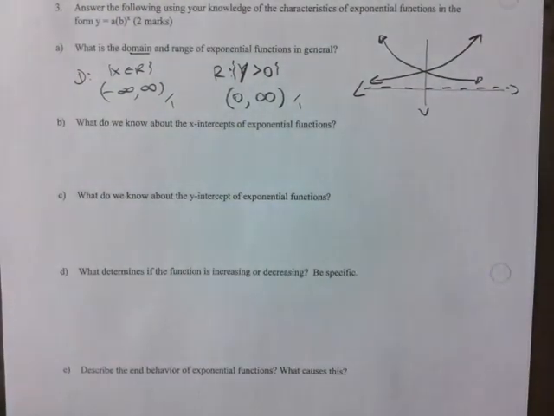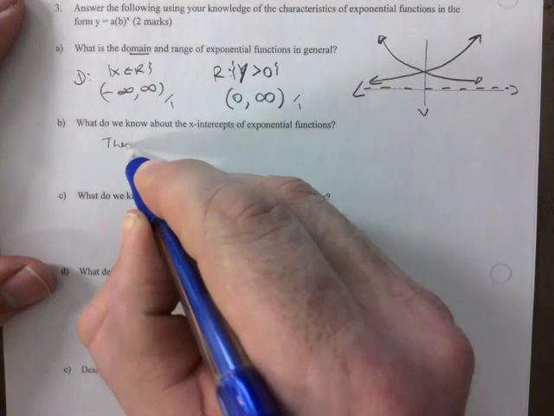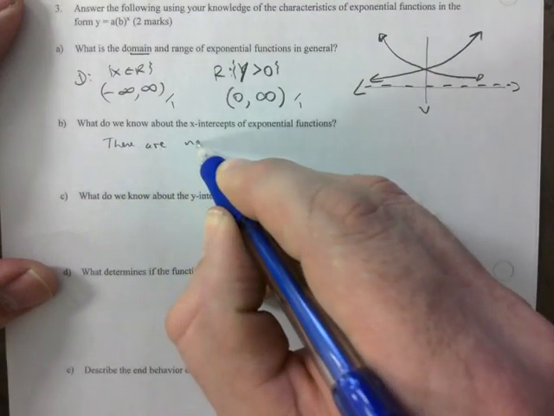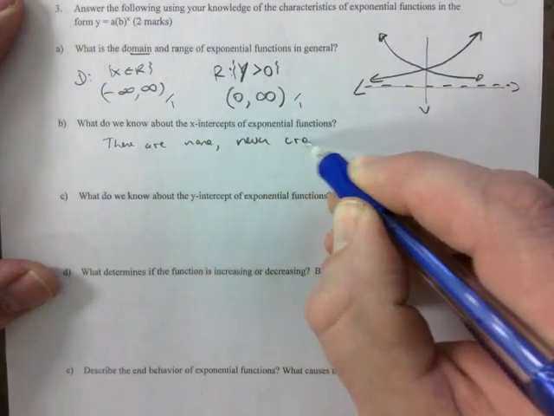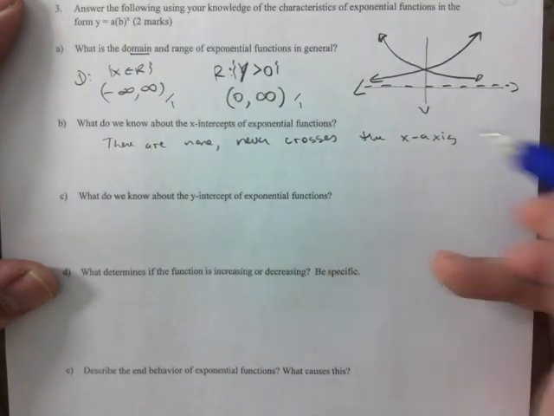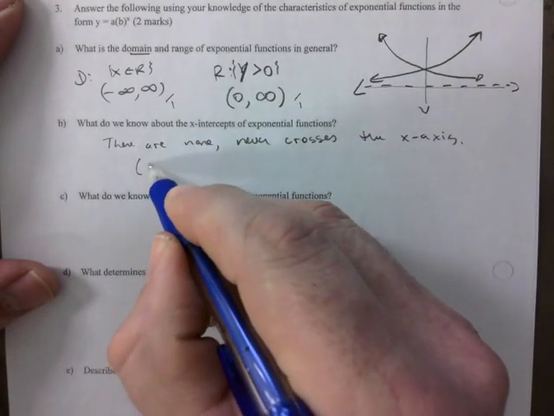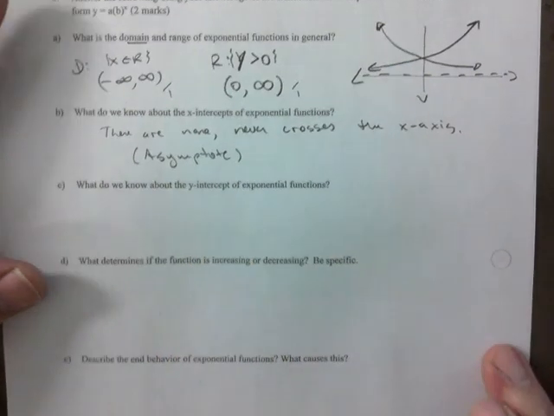Okay. What do we know about the x-intercept of an exponential function? There are none. Okay. Never crosses the x-axis or asymptote. Okay.